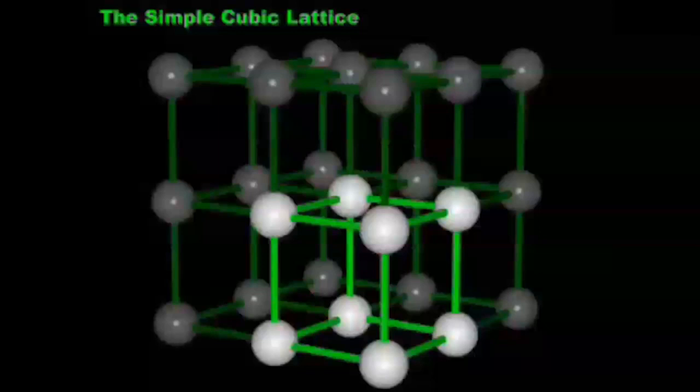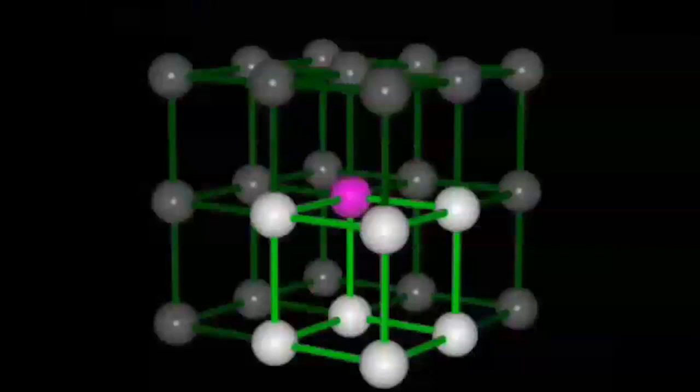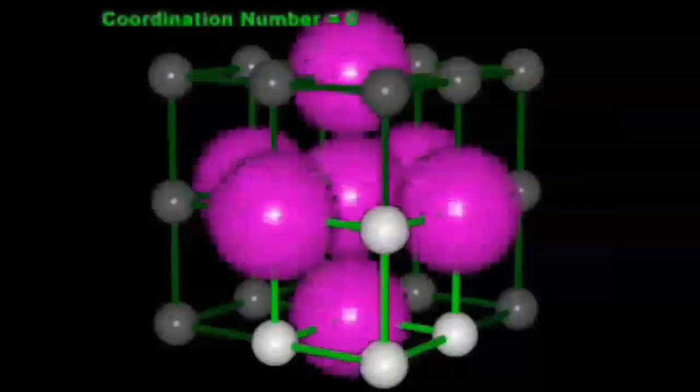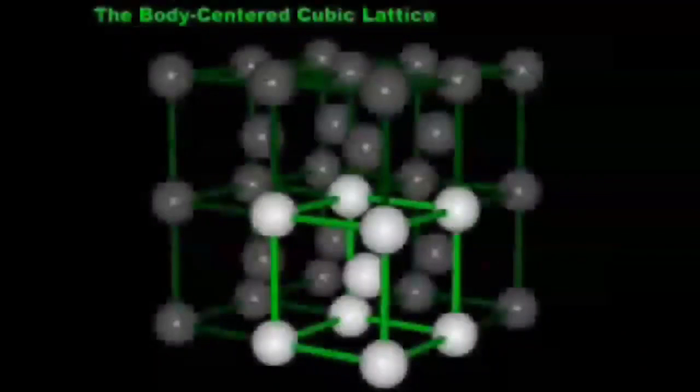In a single unit cell, one vertex atom touches 3 other atoms along the 3 edges of the cell. To see the remaining atoms, we must look outside the single cell. The same atom touches 3 other atoms along the edges of 3 other unit cells, which makes the coordination number 6.